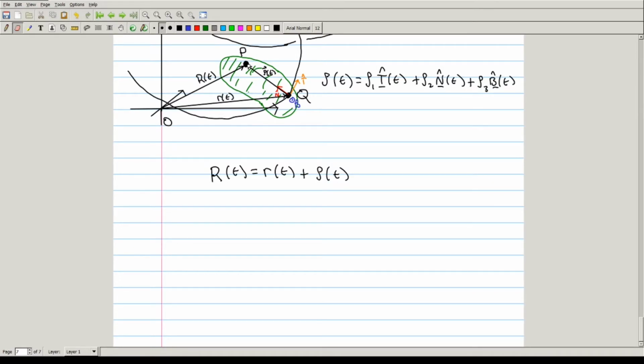And let's make sure that we underline our vectors, because that's the notation that we're trying to stick with here.